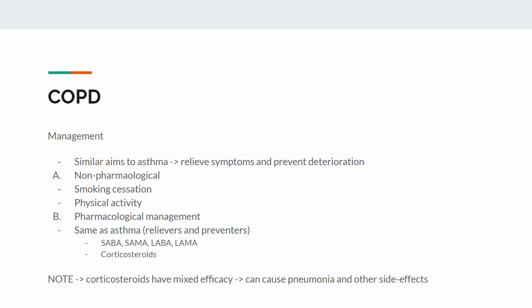For your pharmacological intervention, it's pretty much the exact same as asthma. You've got your relievers and your preventers, and they do the exact same things, right? The key here is that corticosteroids have mixed efficacy. They can actually cause pneumonia and other side effects, so they're not as effective for COPD as they are for asthma. That's just something to flag there.